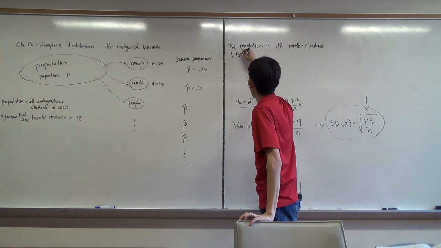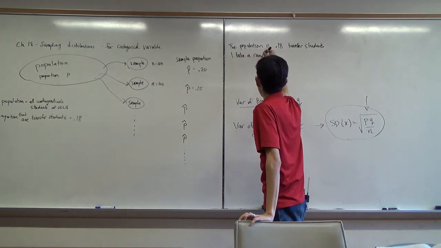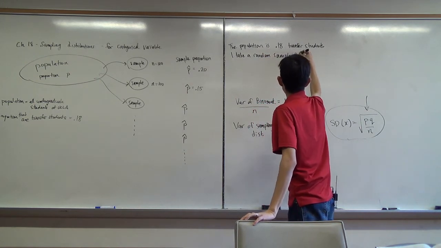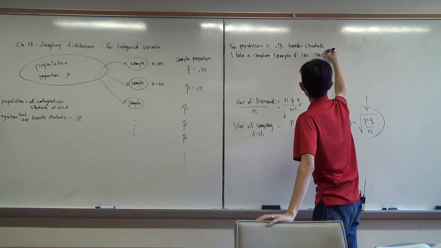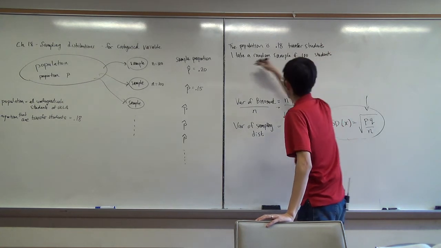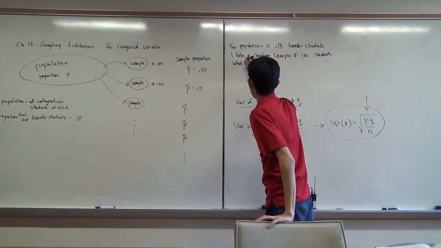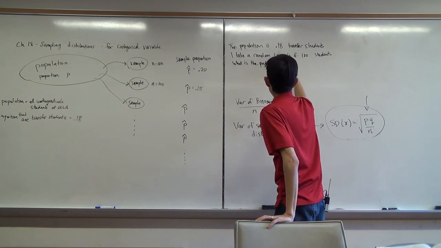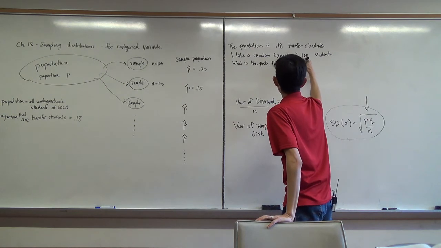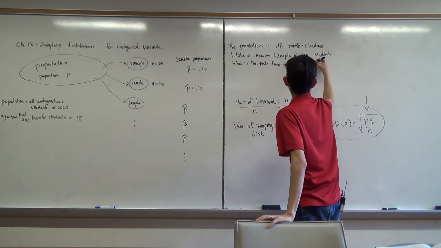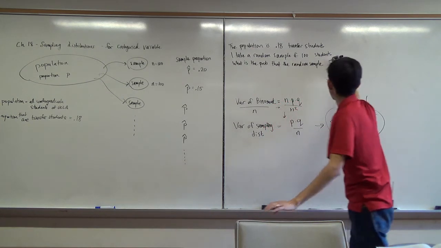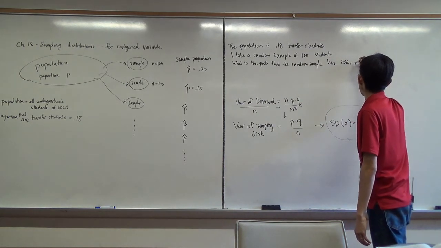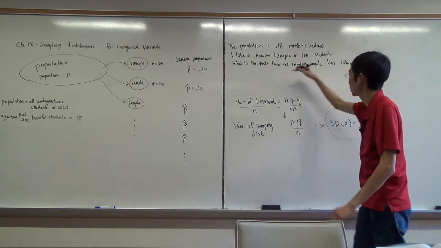I take a random sample of 100 students. What is the probability that the random sample has 20% or more transfer students?